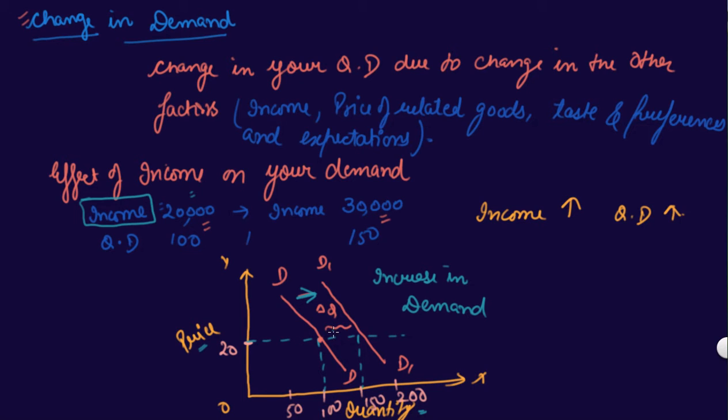I hope you all have understood. The quantity first was 100, now it has become 150. So the quantity demanded has increased, due to the change in the income, the other factor, irrespective of the price, which is constant. So this is increase in the demand. That is, your demand curve is shifted to the right side.